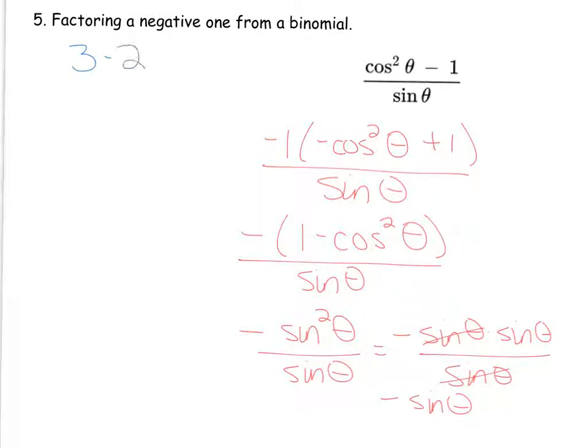If I have 3 minus 2, that is the opposite of 2 minus 3, right? 3 minus 2 is 1, and then 2 minus 3 is -1, and the opposite of -1 is 1. So when you factor out a negative, you can do this little flipperoo on a subtraction problem, and sometimes, like it was here, it becomes a little easier to deal with, or a form that might be a little more helpful.